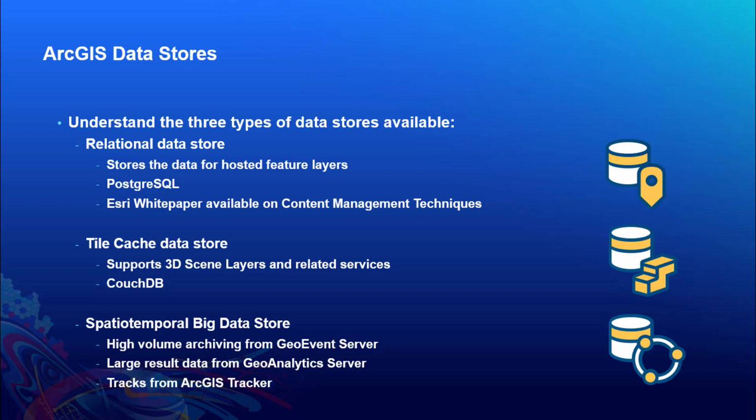The topics it covers are great for getting the most out of your deployment. Your tile cache runs CouchDB. This is used primarily for 3D scene layers in Portal. And we have then the spatiotemporal. This is the big data store used for things like GeoEvent, GeoAnalytics, ArcGIS Tracker. Ideal for high volume sets of data, large data sets.